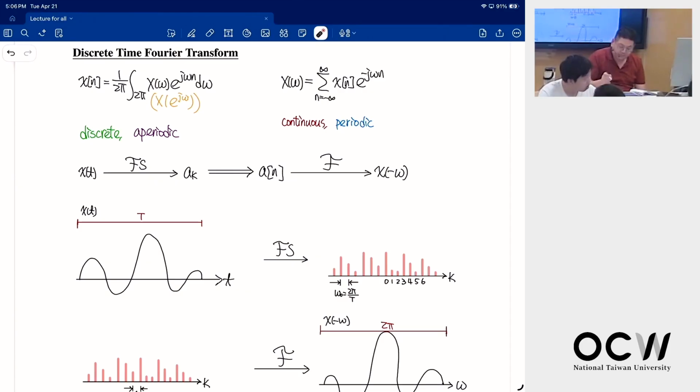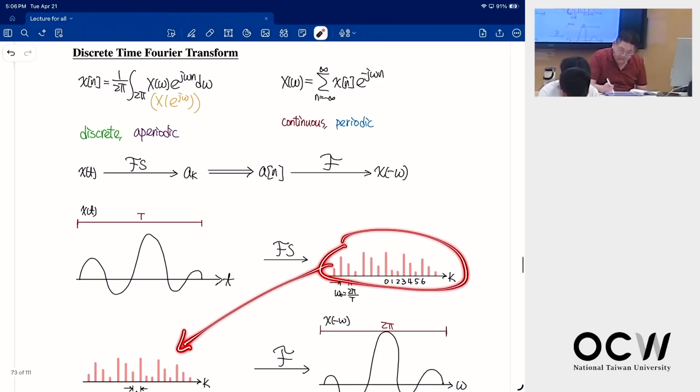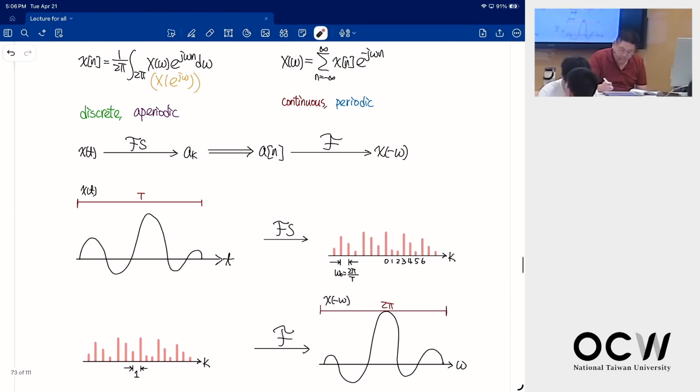Now I can use the same figure, but just relabel that. So the width will be 1. So here it is still like 0, 1, 2, 3, 4, but the width is 1. Now I take the Fourier transform, the discrete-time Fourier transform. Now I get the continuous signal, and it is periodic.